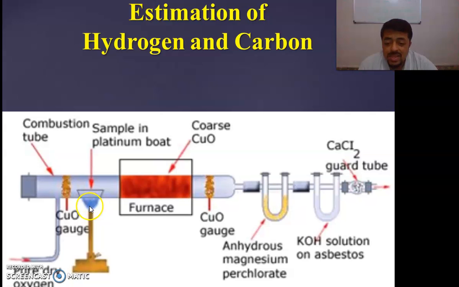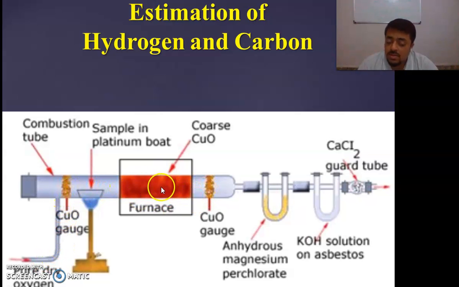The boat is heated with the help of flame from a burner. Carbon and oxygen inside the combustion tube react to give CO2. Similarly, hydrogen reacts with oxygen to generate H2O. These CO2 and H2O are carried forward by the incoming pure dry oxygen.